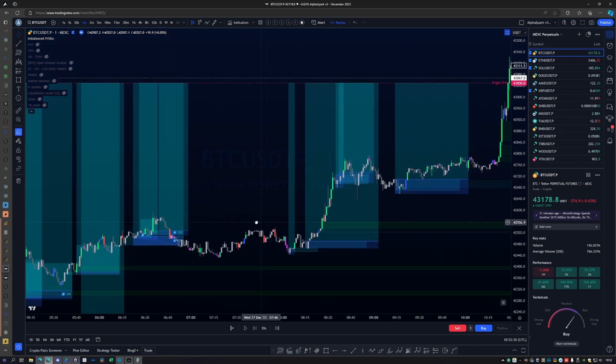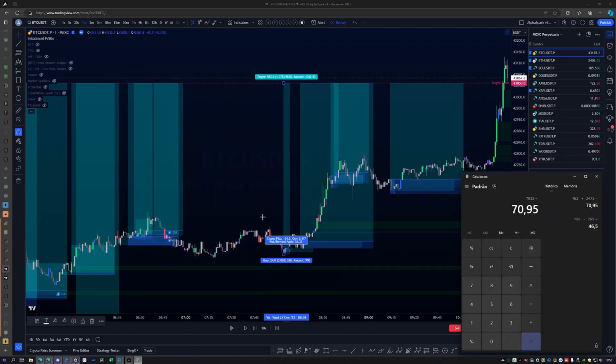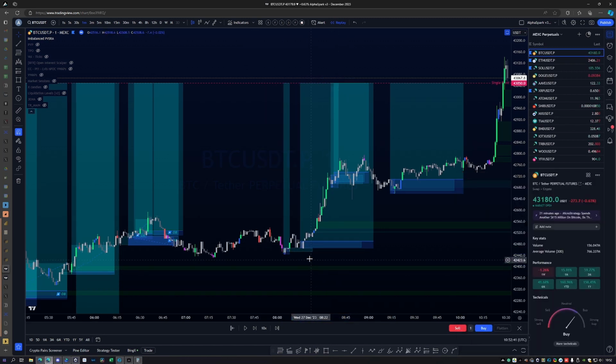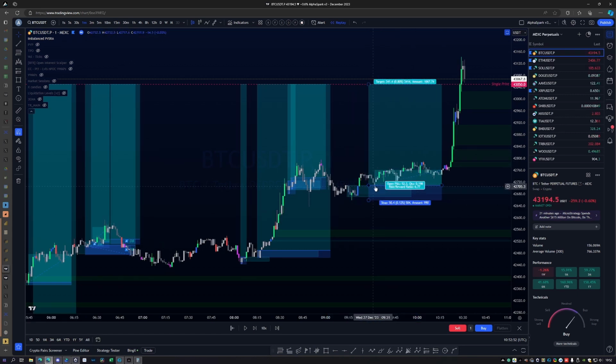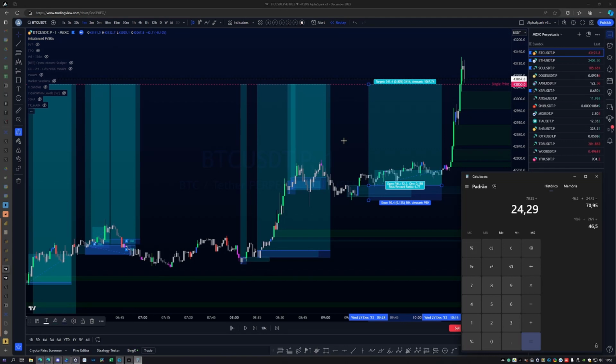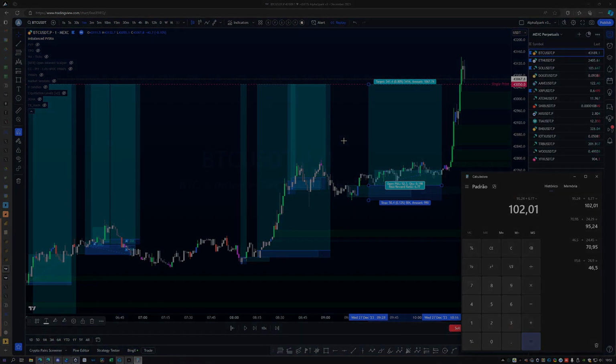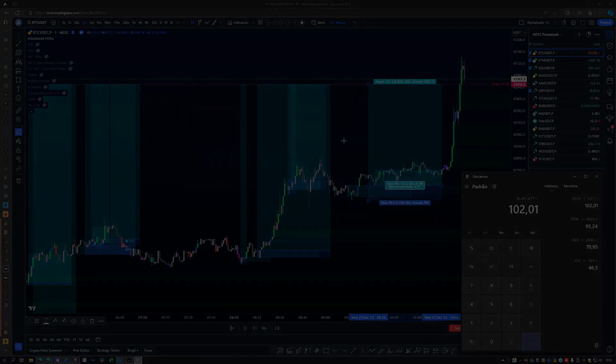So these were losses. Plus 24.29. This didn't activate, right? Yeah, this didn't activate. But this one did. It activated here. This would be beautiful, actually. And this is 677. Is that enough? Yeah, it's decent.